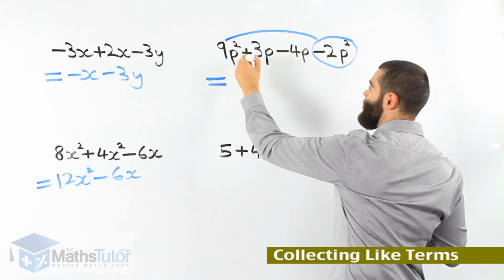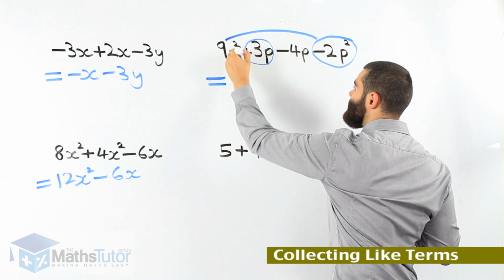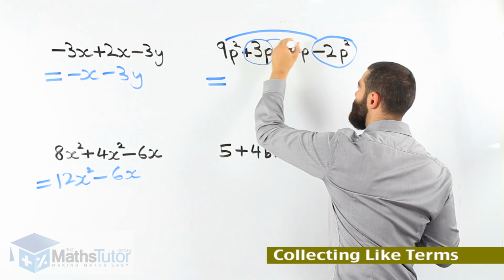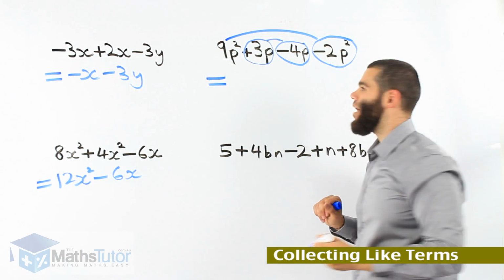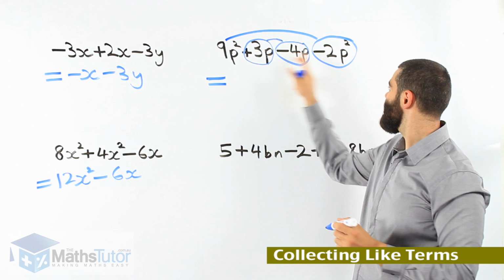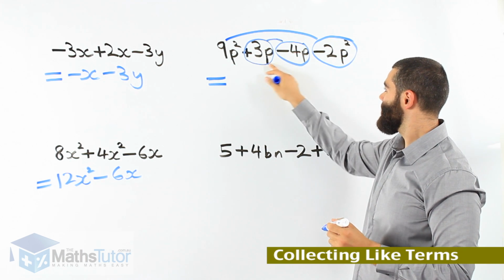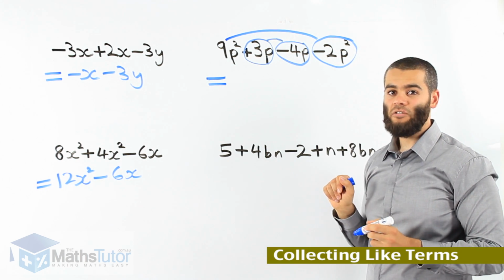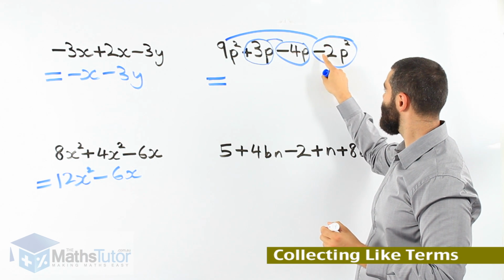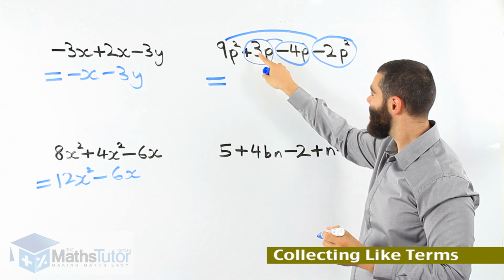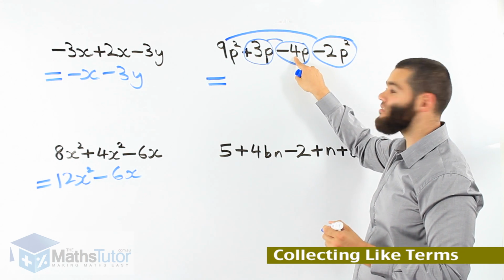And the positive 3p is a like term with minus 4p. So the p squared terms are like terms and the p terms are like terms. Again, the minus belongs to the 2, the plus belongs to the 3, the minus belongs to the 4.